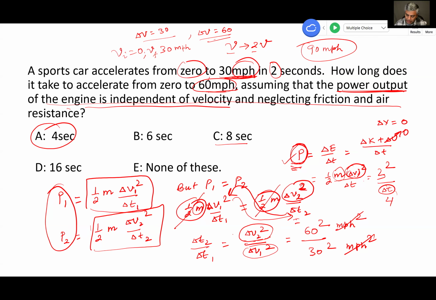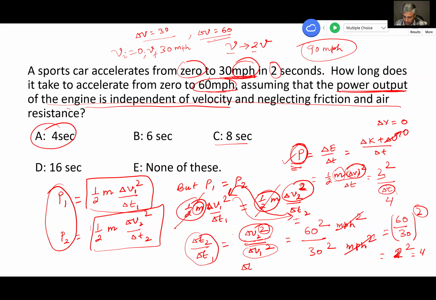Now it's easier to see if we do something like this. If this ratio is squared, I can write that like that. So this is 2 squared, because 60 divided by 30 is 2. 60 is double 30, right? So this 2 and this square is because of the square in the formula. You see that? So 2 squared is 4.